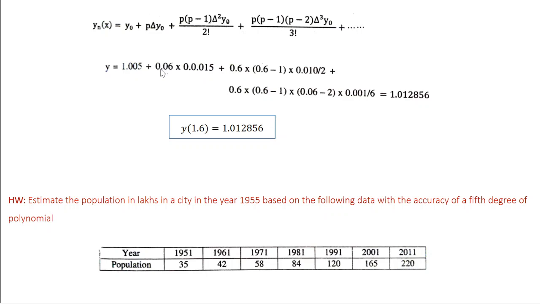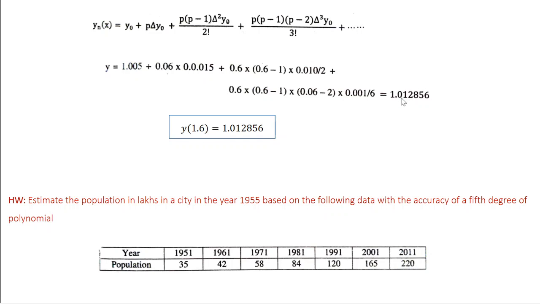Sorry for the typo here. This should have been 0.6 multiplied by delta y naught, which is 0.015. Similarly, you substitute for all other terms, you get this is equal to 1.012856. So y value corresponding to x equal to 1.6 is this much.